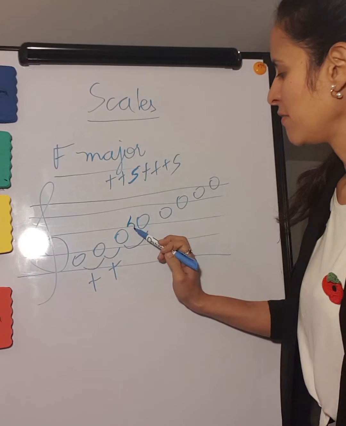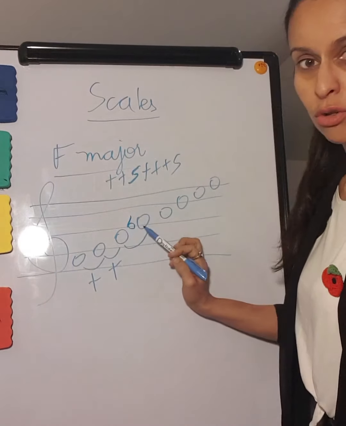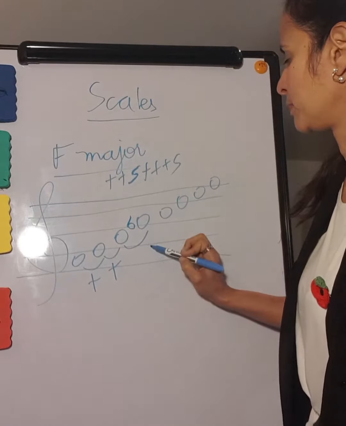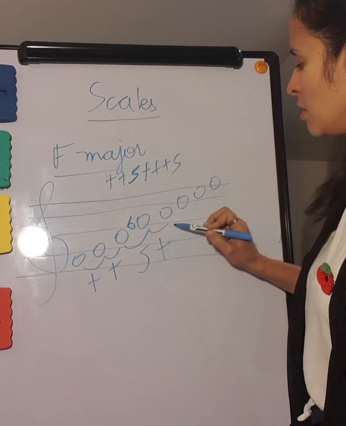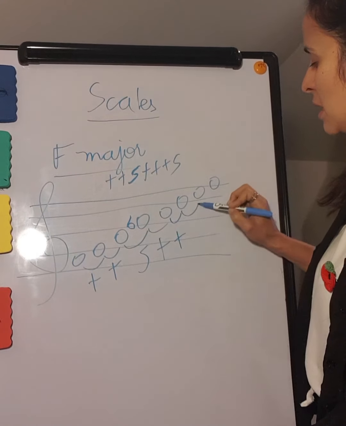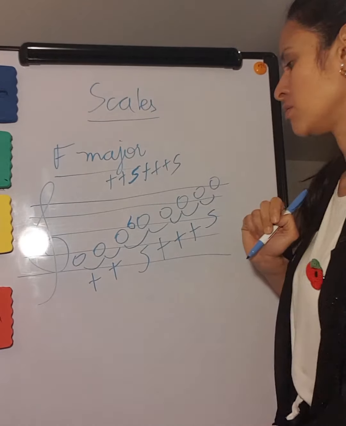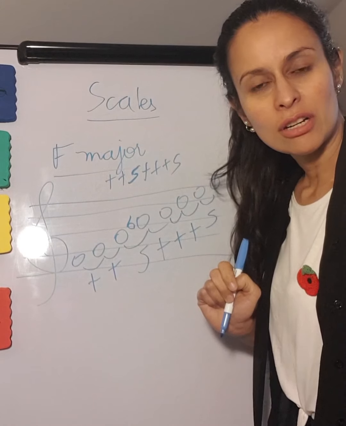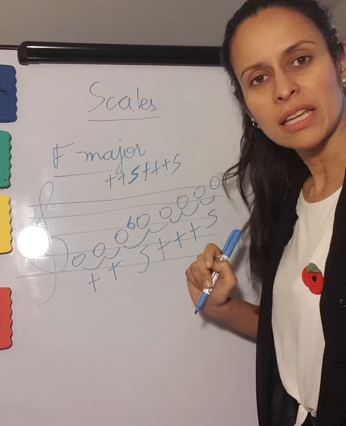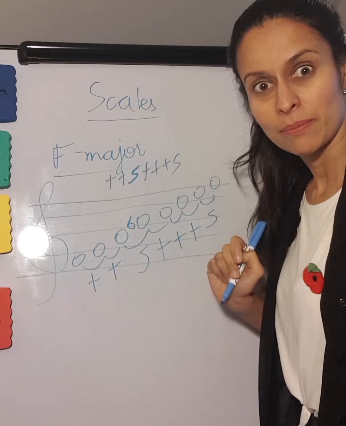I make the B flat. So A to B flat, we have a semitone. Then B flat to C, another tone, C to D, another tone, D to E, another tone, and E to F, a semitone. So F major has B flat in its key signature.